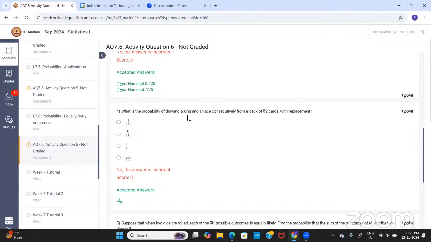You have drawn one card already, so we are left with only 51 cards, out of which you have to select one ace. So it will be 4 divided by 51. So it will be 4 divided by 52 into 4 divided by 51.